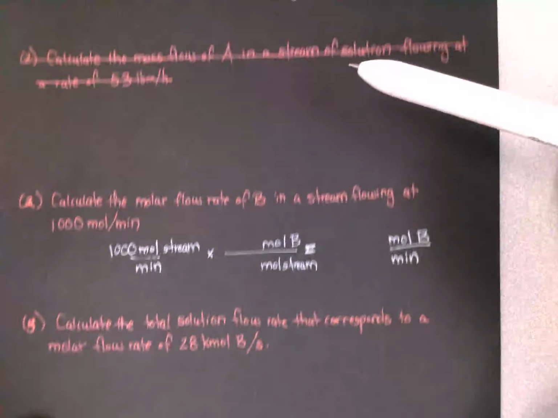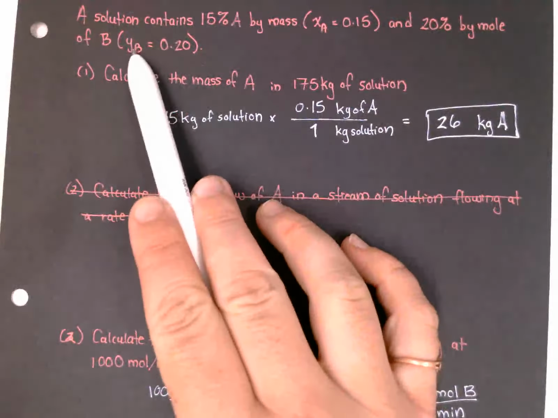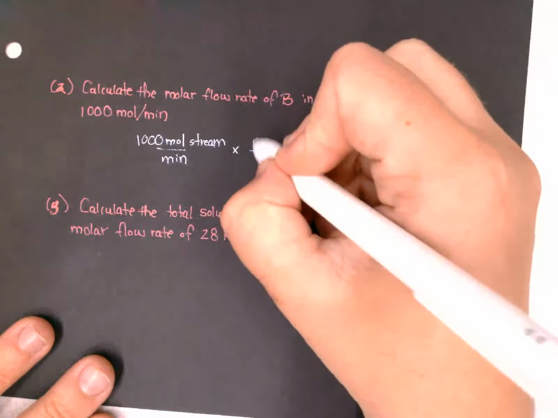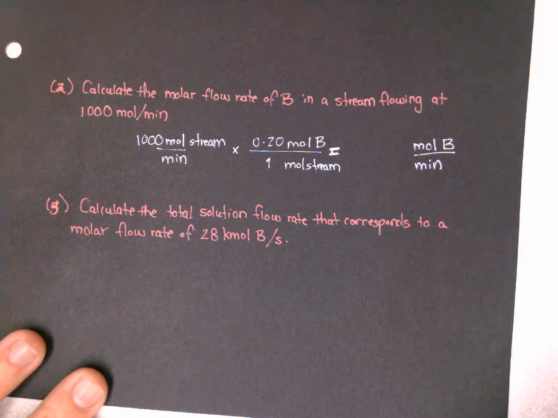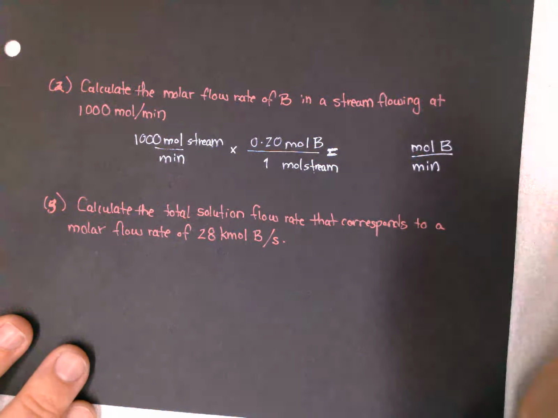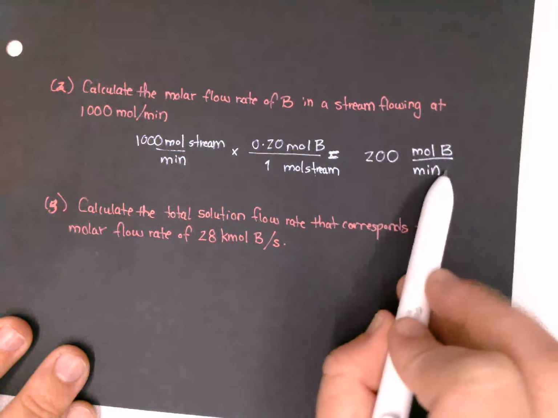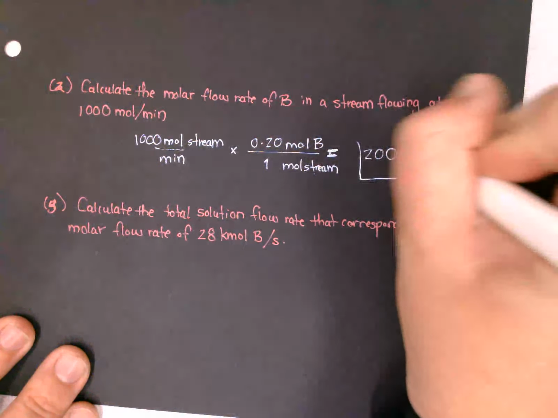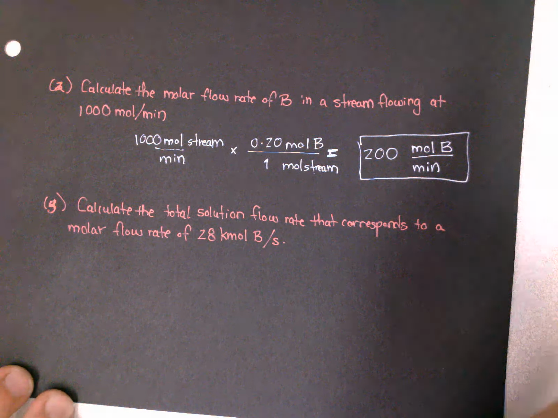So if we go back up to the top, there it is, the molar fraction of B as 0.20. So that's the number we're going to put in here, 0.20, right? So if we multiply 1,000 by 0.2, we will find that 200 moles of B per minute are flowing in that stream. So these first two problems are really defining what mass and mole fraction are.